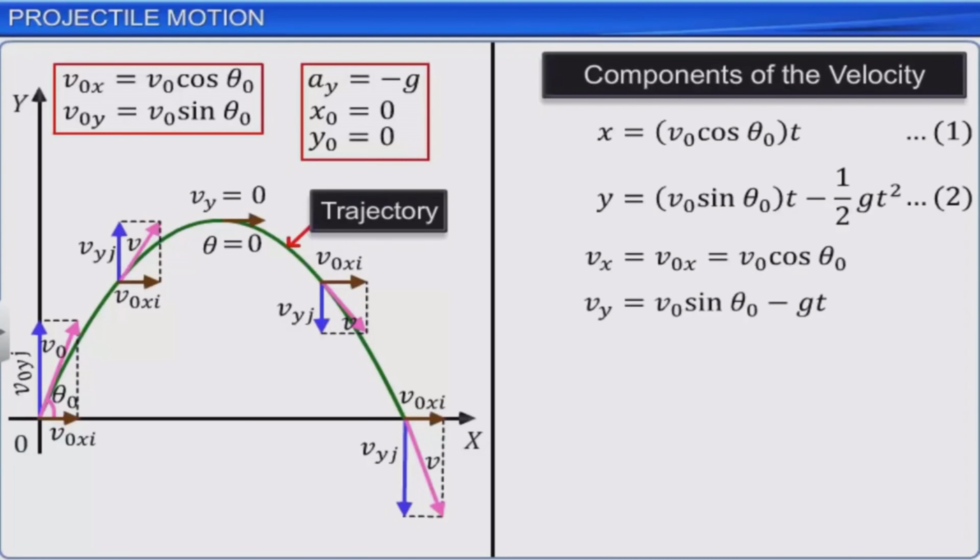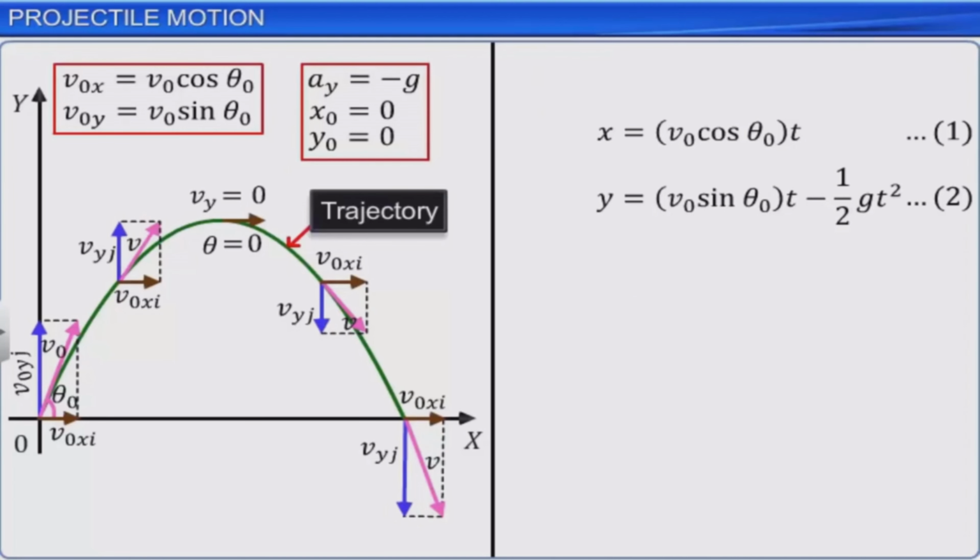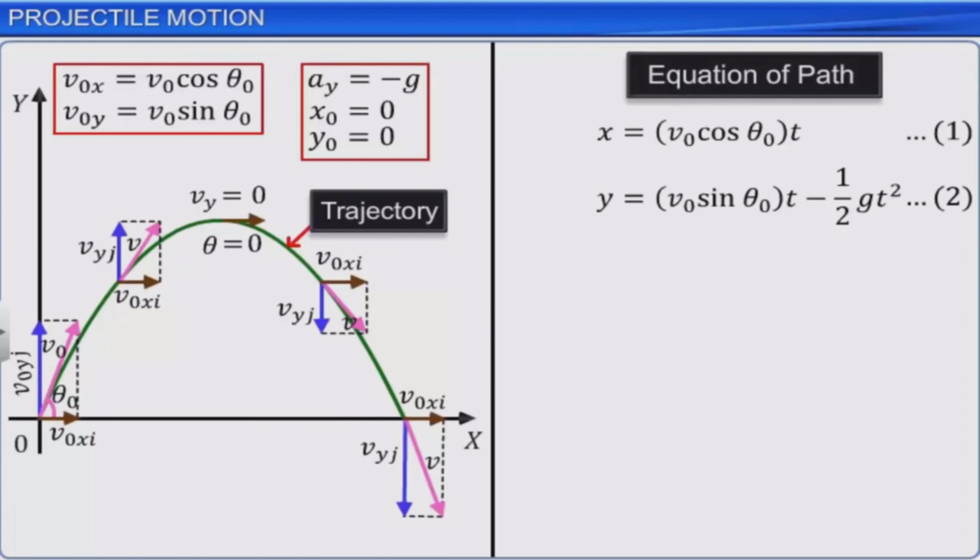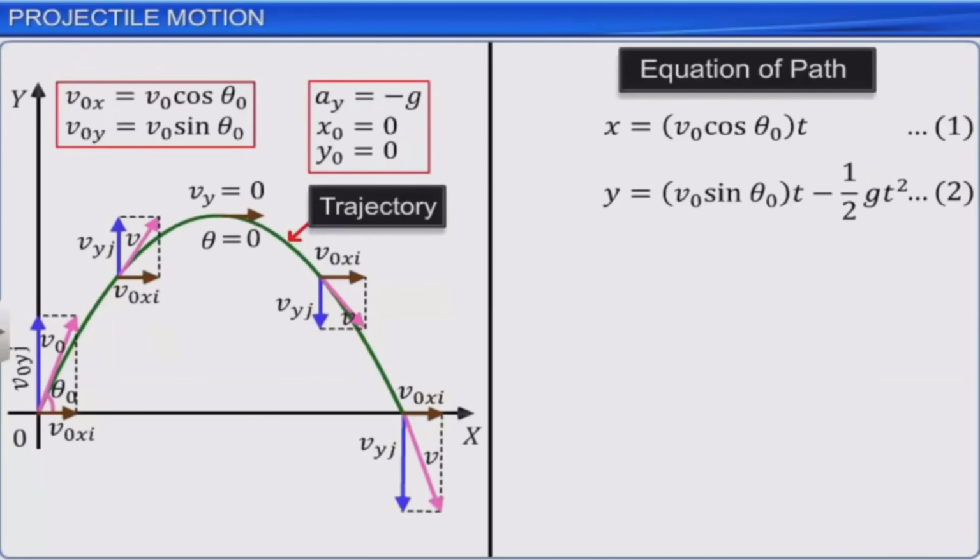Now, let's write the equation of the path for the projectile. By eliminating t from equations 1 and 2, we can get the equation for the path of the projectile. From equation 1, we can write t is equal to x divided by v0 cos θ0. Let this be equation 3.